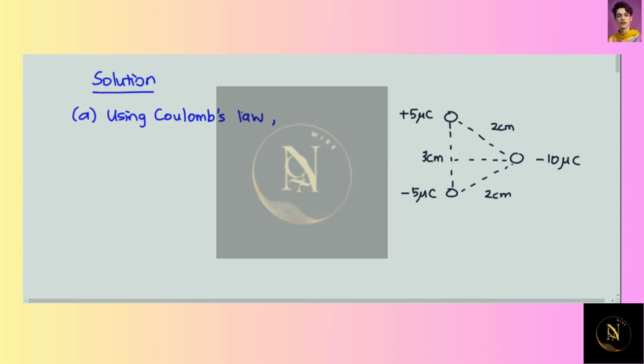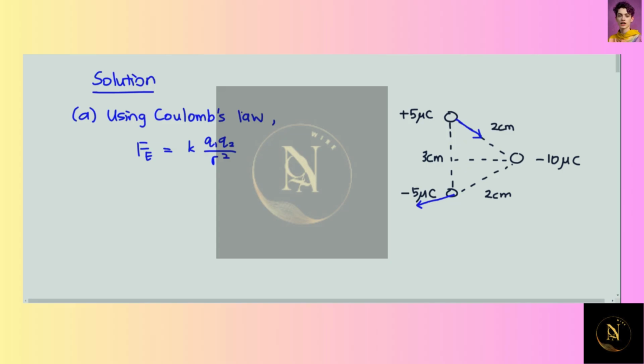The electric force is F equals k Q1 Q2 divided by r squared. On the 5 microcoulomb charge, this is the electric force, and on the negative 5 microcoulomb charge, this is the electric force.